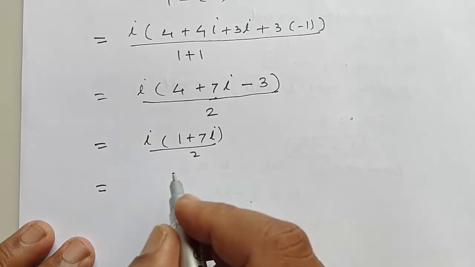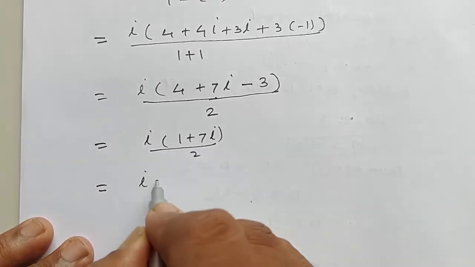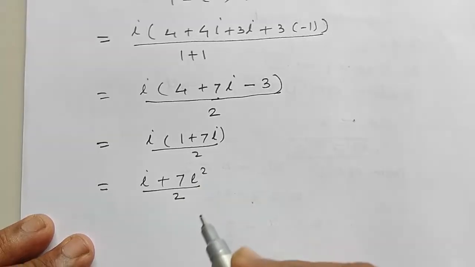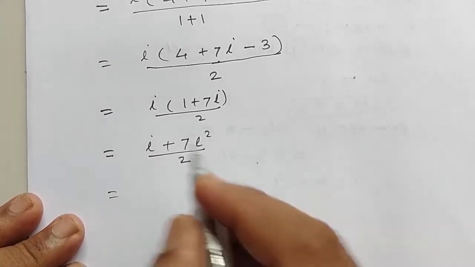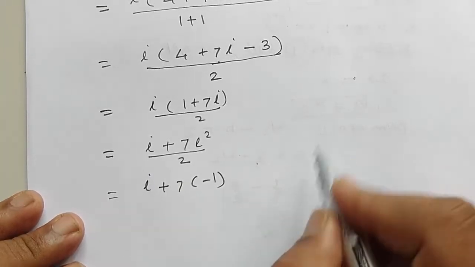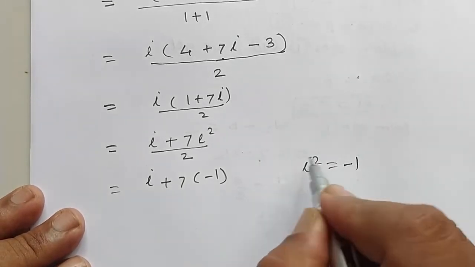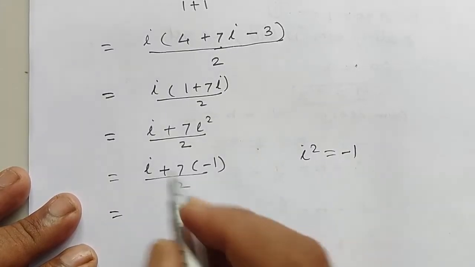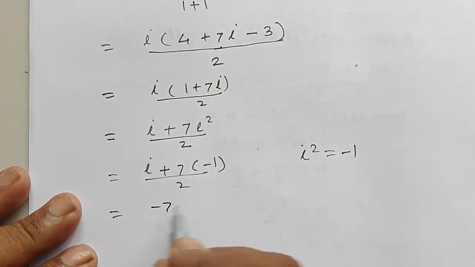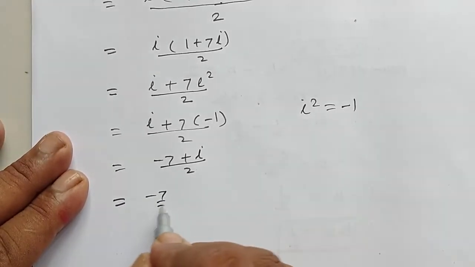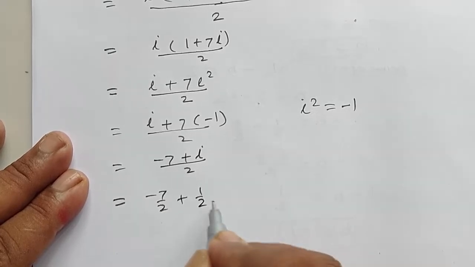We multiply i inside the bracket: i plus 7i square upon 2 is equal to i plus 7 into minus 1, since i square is equal to minus 1, upon 2, is equal to minus 7 plus i upon 2, is equal to minus 7 upon 2 plus 1 half into i.